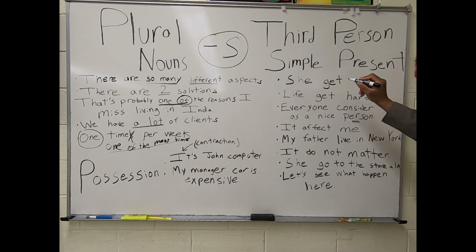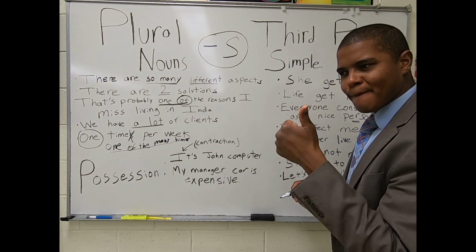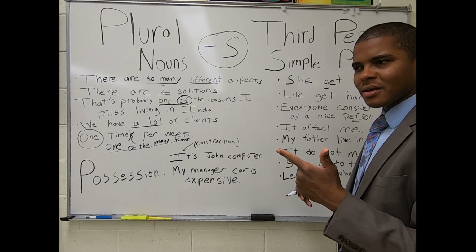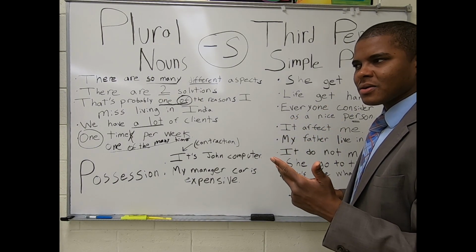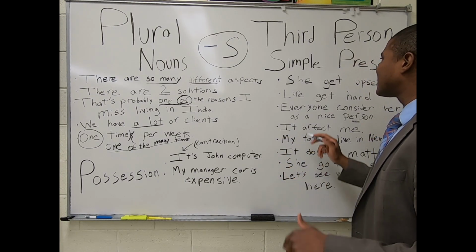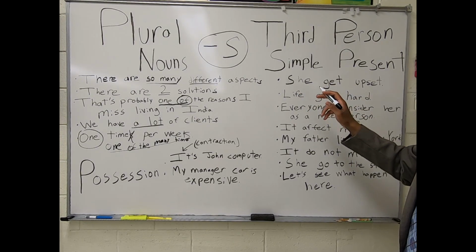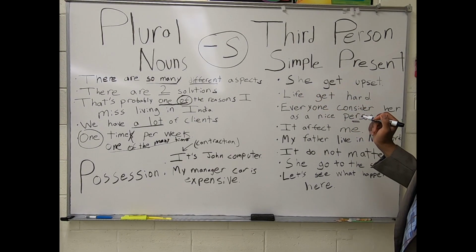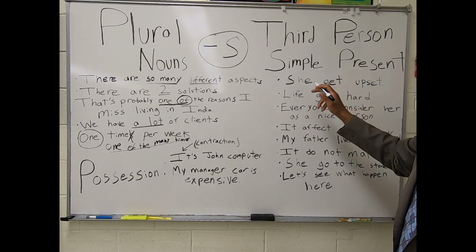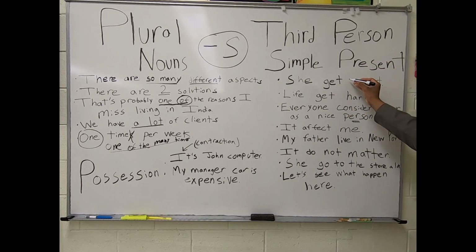So first of all, it's I get, you get, they get, we get. Okay, but it's she gets, he gets, it gets. Okay, she gets, he gets, it gets. So what we're going to do here, we're going to put an S. We need an S here.